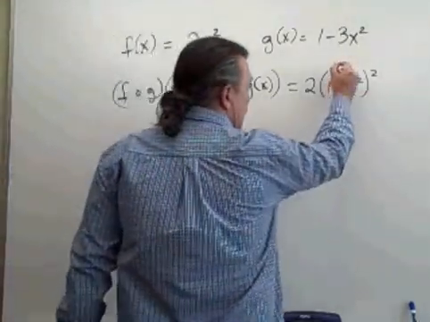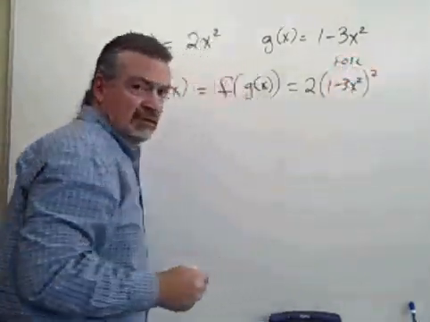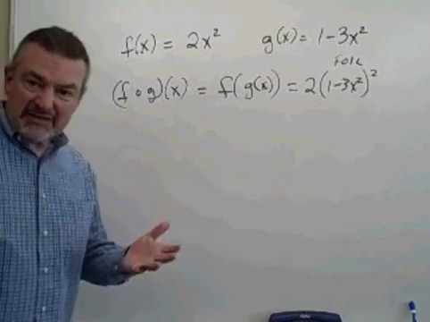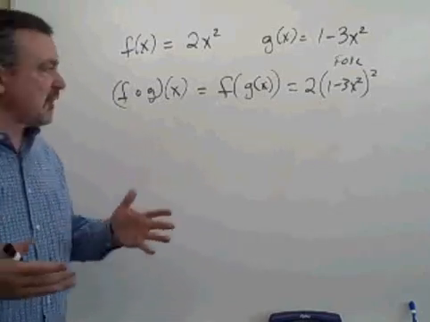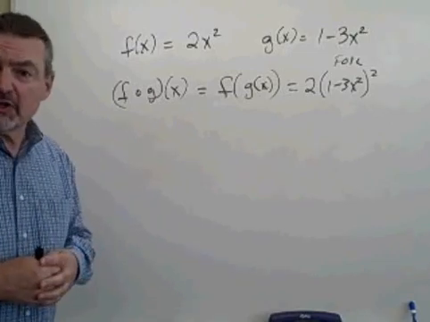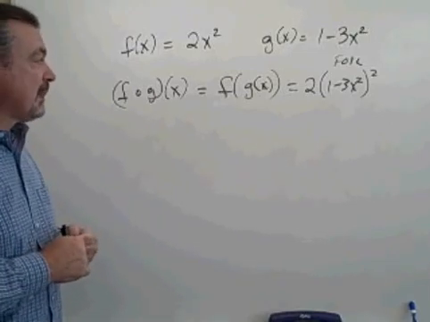To do that, remember, we'd actually have to use FOIL, which could get a little messy. It's going to produce a multi-termed, probably three-termed polynomial expression.